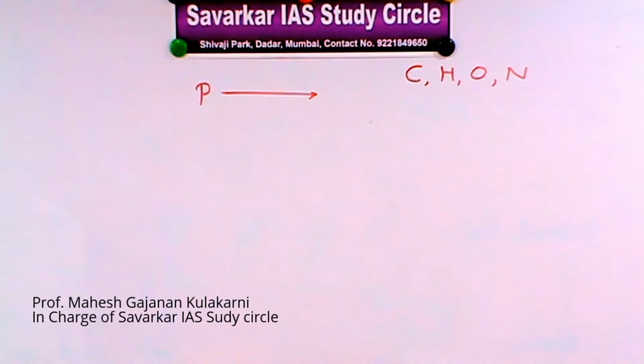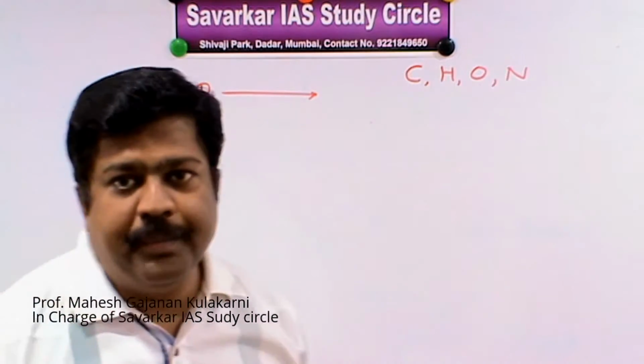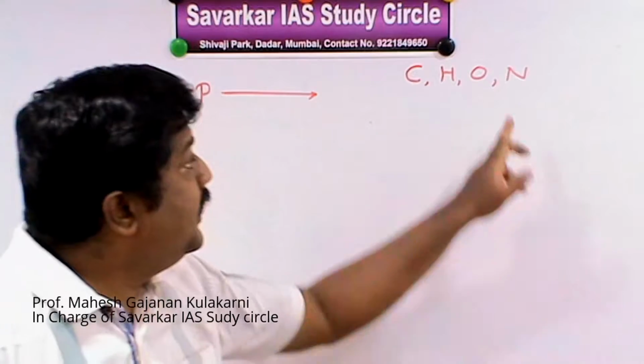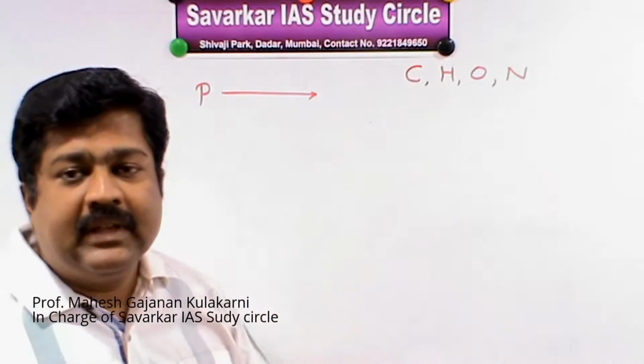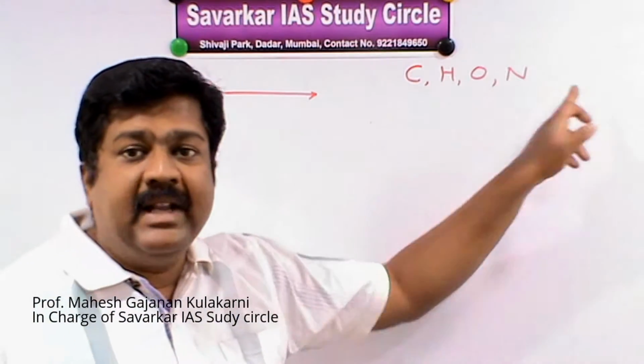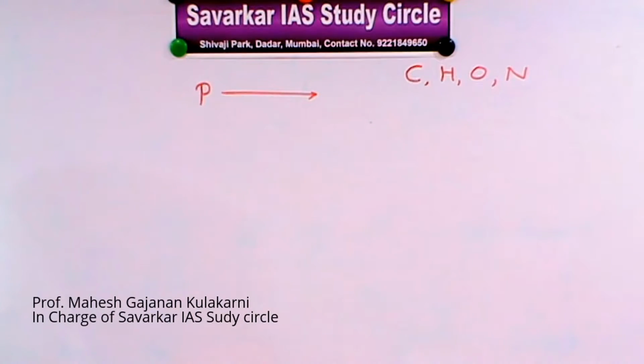But not necessarily only these elements are there. Say for example, I am talking of hemoglobin. Then in case of hemoglobin, we require Fe, iron along with this. Same way if you are talking of chlorophyll, then along with this, magnesium ions are present. And like that, various components are there of protein.